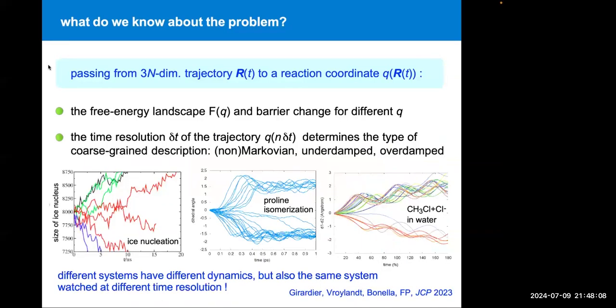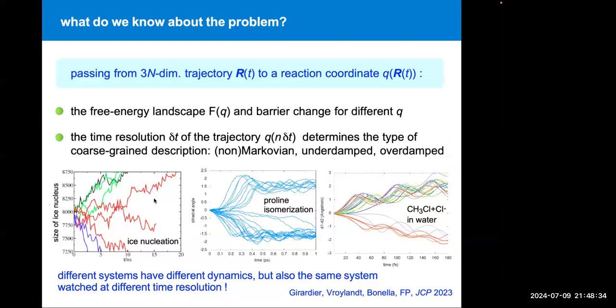Now, I will skip some technical details. I will be very happy to answer if there are questions, but I don't think it's the time to enter into mathematical details. Let me just say that if you take a complicated system of n atoms and you look at a single coordinate, and you observe the time evolution from this viewpoint, you observe something like these graphs.